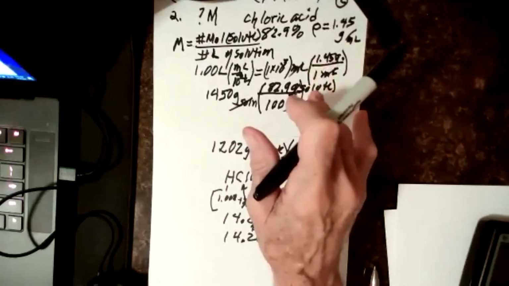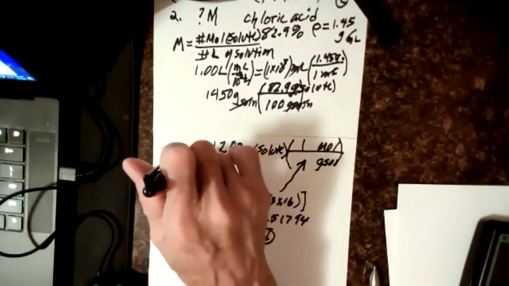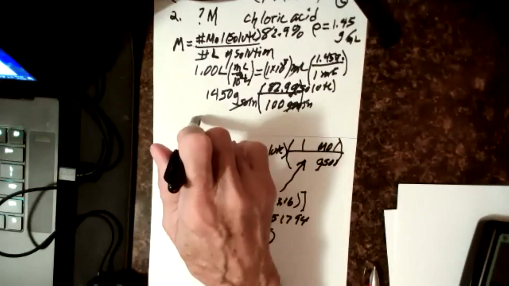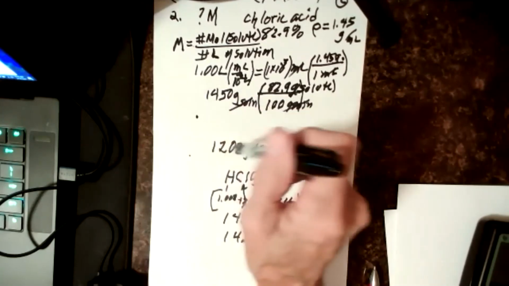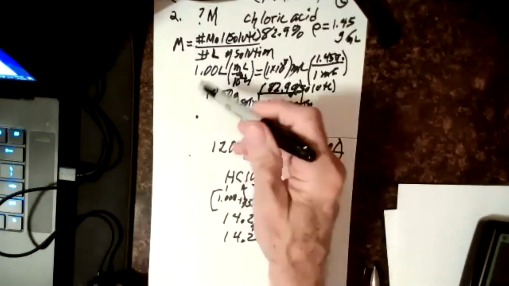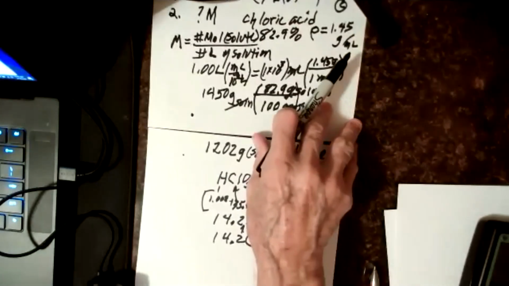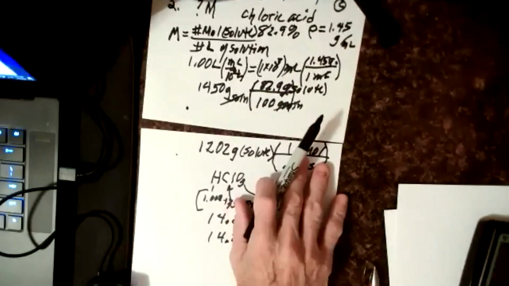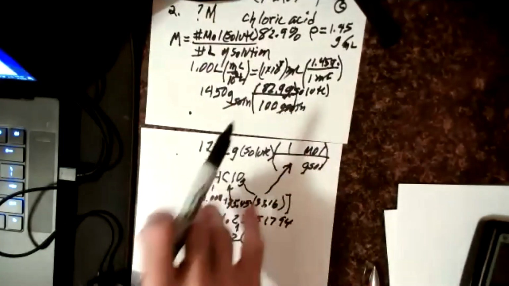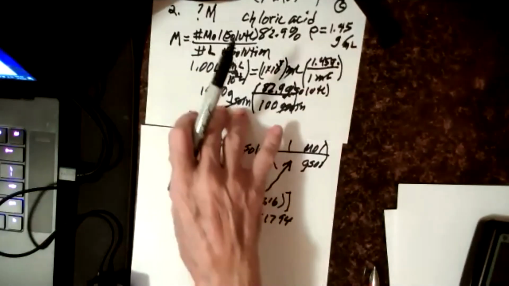It probably is close to 12 molar, but the individual bottle you've got will give you the density and the percentage of hydrogen chloride in that bottle. And you'll have to calculate to 4 significant figures at least what the molarity of that solution is. So this is a very practical problem if you're going to ever do anything with chemistry. If you do, you're going to be dealing with molar solutions, and you're probably going to have to do a problem like that. I think it's very important.